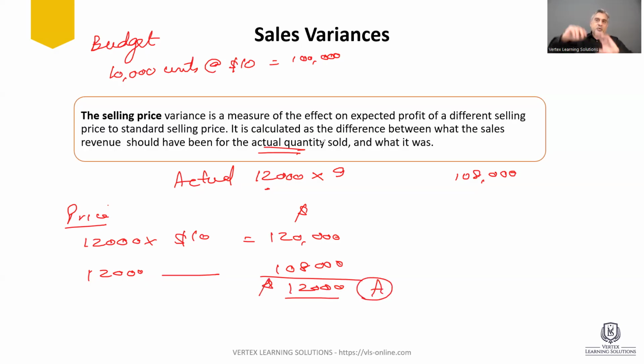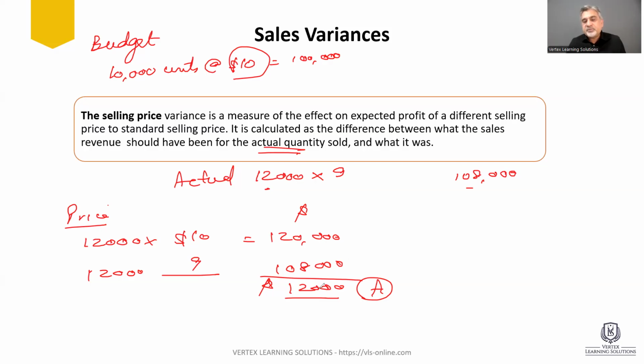So although your total sales revenue is more, it is 8,000 more, like 100,000 I thought, it came out to be 108, before I become happy, I should see how much my 12,000 units should have been sold for. My standard price was 10, so at the standard price of 10, it should have been sold for 120,000, whereas I am actually selling it at 9 and I just made 108.